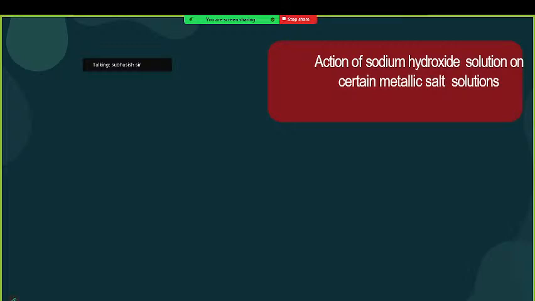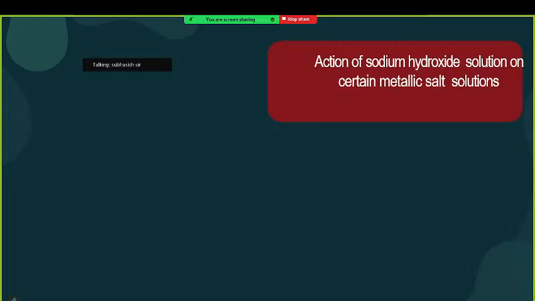So first of all, we should discuss how to determine the basic radical part present in a salt solution. Basic radical part is the positive part, the cationic part. Now we add a small amount of sodium hydroxide solution to a metallic salt solution.